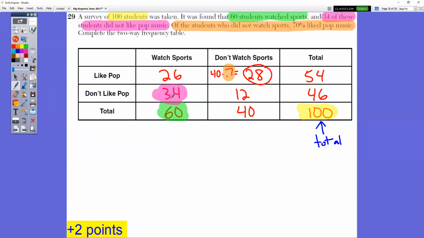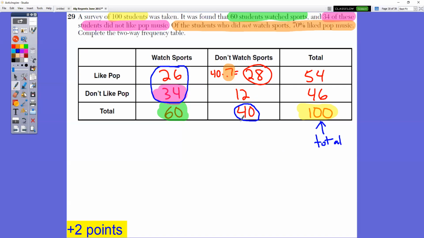So what I have here is, remember that these have to add up. So 26 or some number plus 34 has to give me 60. So I could go backwards and do 60 minus 34 to give me my 26 here. I could do 100 minus 60 to give me my 40 here.